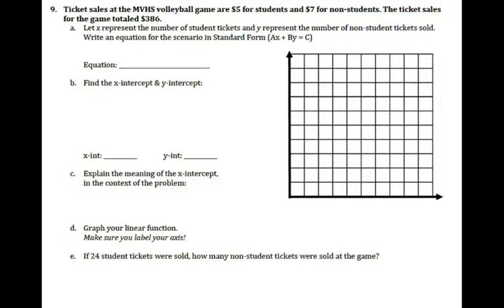So student tickets are $5, so I have 5x. Non-student tickets are $7, and they made a grand total of $386. So there's my equation in standard form.